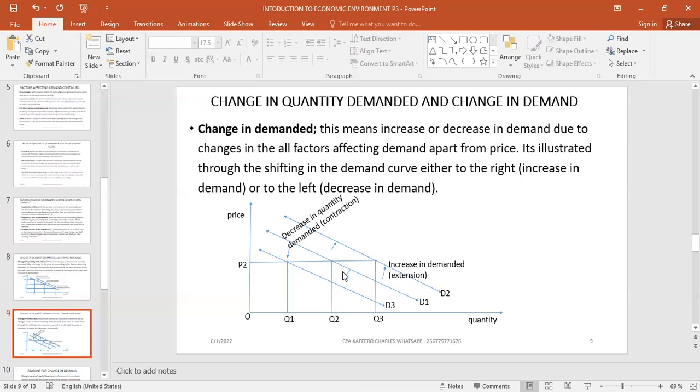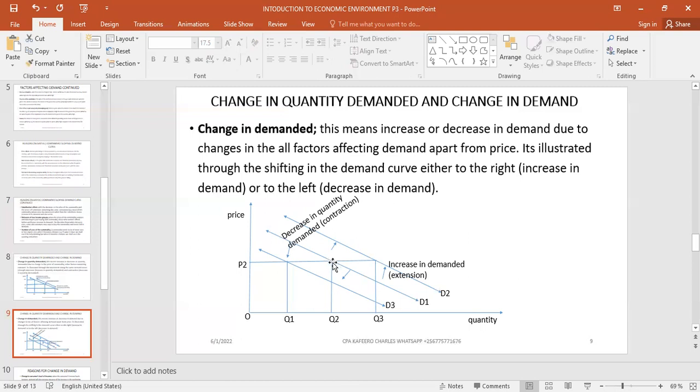So at a constant price, let's say D1 is our normal demand, when the other factors were okay, and this point becomes our equilibrium point.